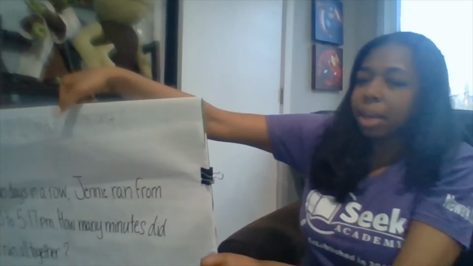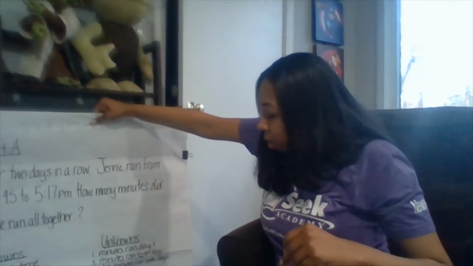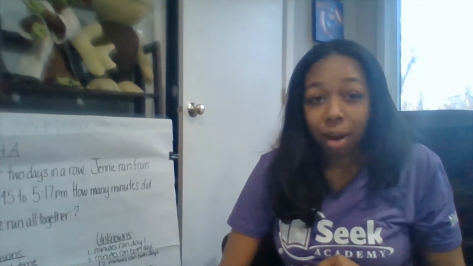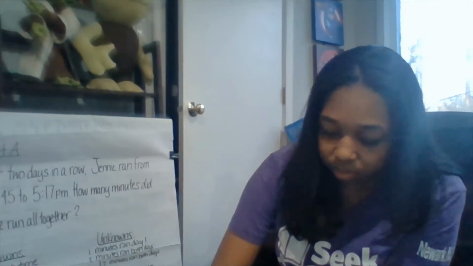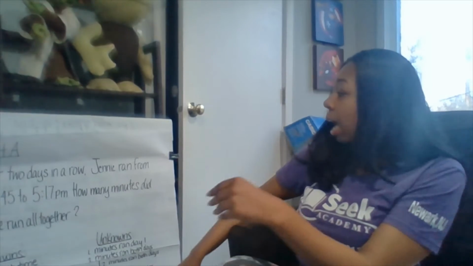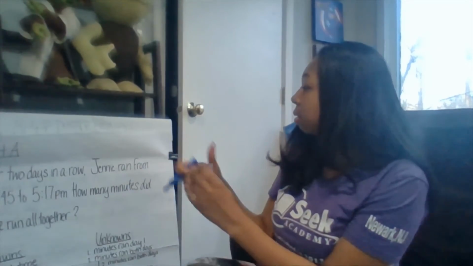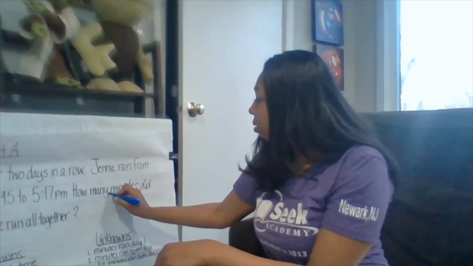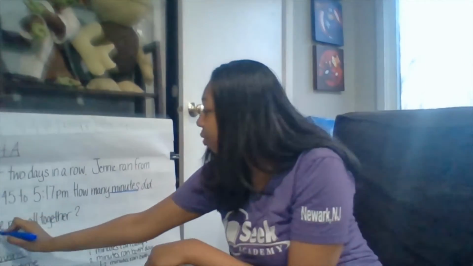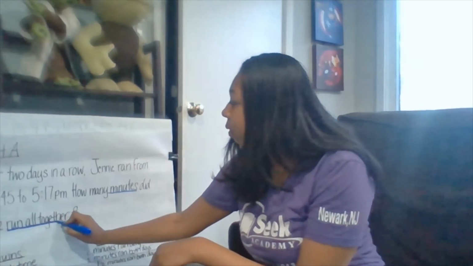So I need to figure out how many minutes did Jennie run altogether. So I'm going to mark up my prompt and underline important information. I'm going to underline how many minutes did she run altogether?